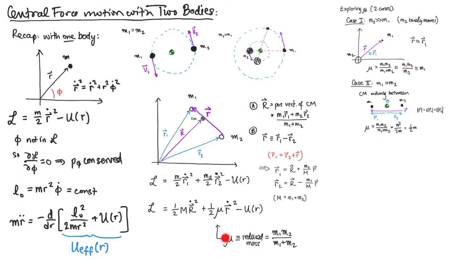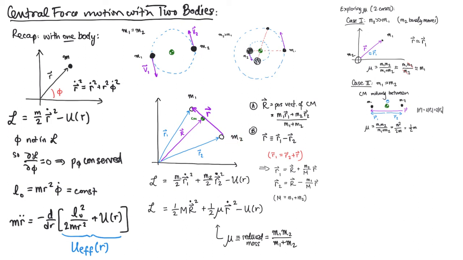So now that we've talked a little bit about the meaning of the reduced mass, I want to come back to the Lagrangian and focus on this first term. Right, this first term is saying how is the center of mass of the system moving? Okay, well, this system is composed of these two particles. Maybe there's a force in between them, indicated by the potential, but there's no external force on the system, or at least let's assume that there's no external force on the system.